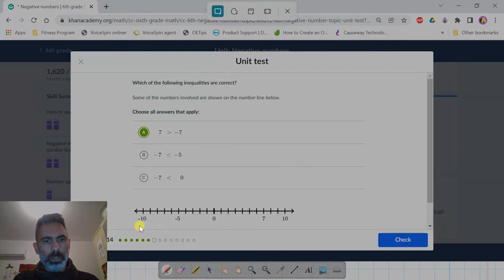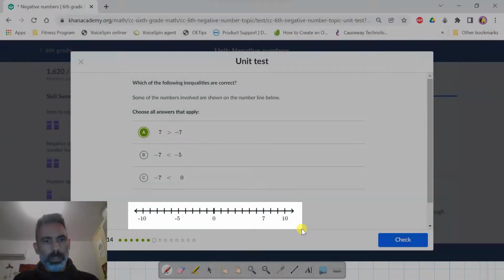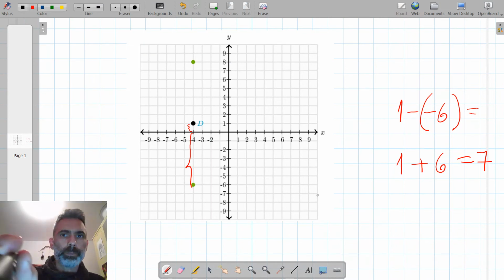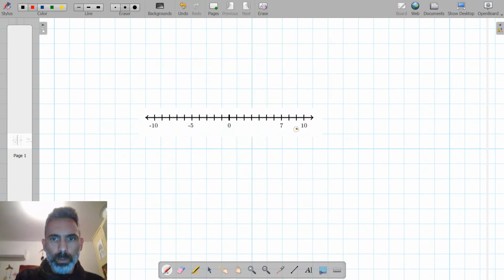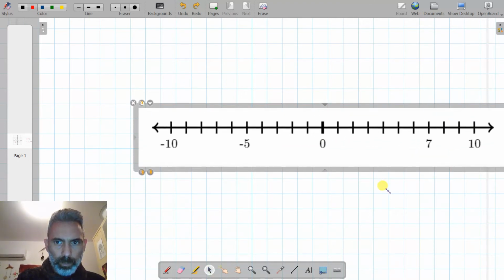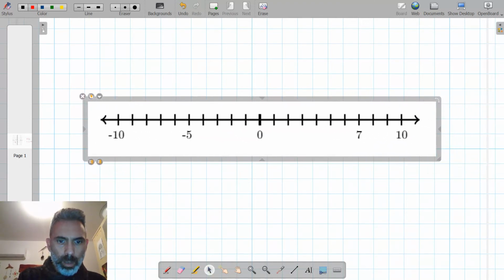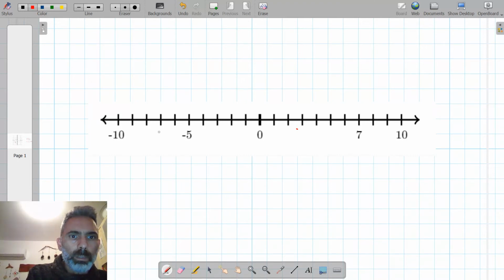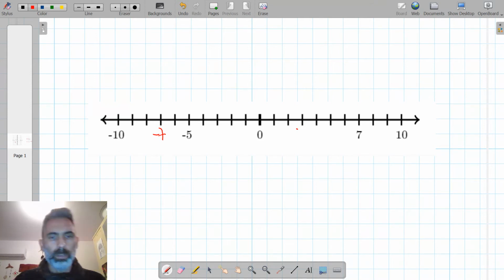Okay. So this is not correct because -7 is here and -5 is here and -7 is to the left of -5.